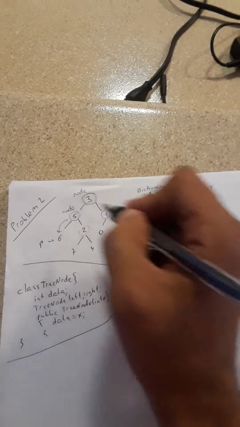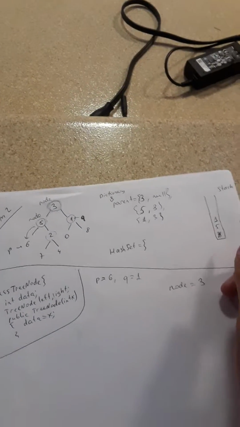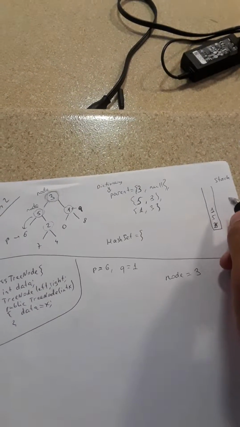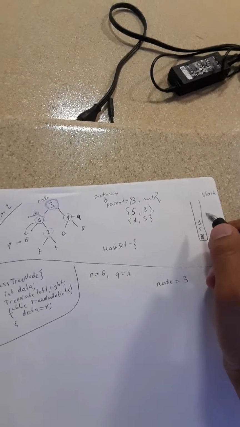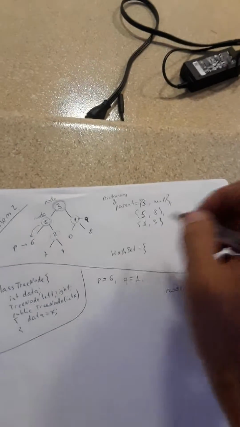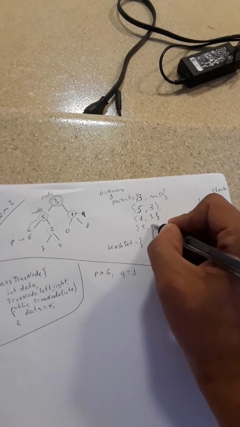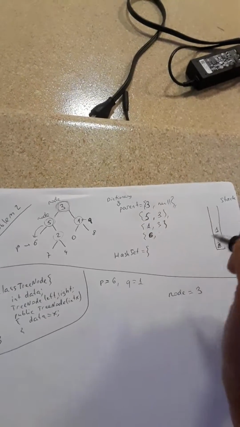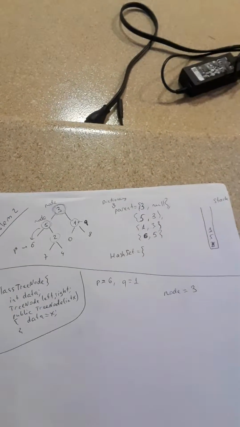My node will be here as a 5, and my 5's left child will go as a key, and the node itself will go as a value.